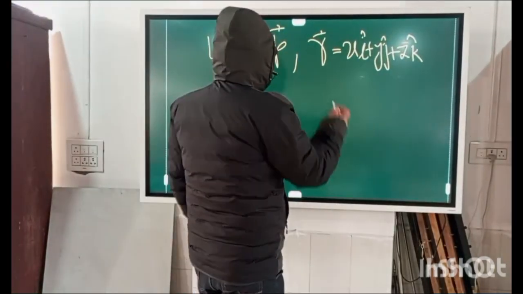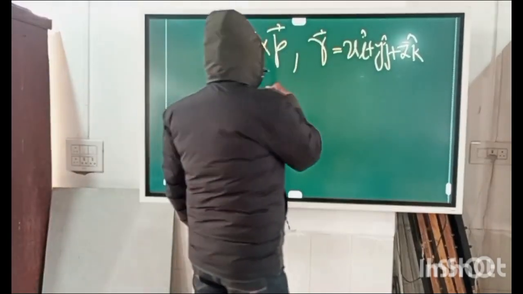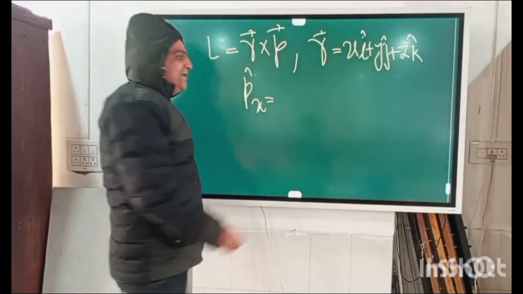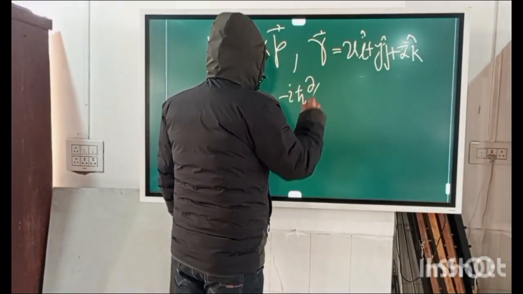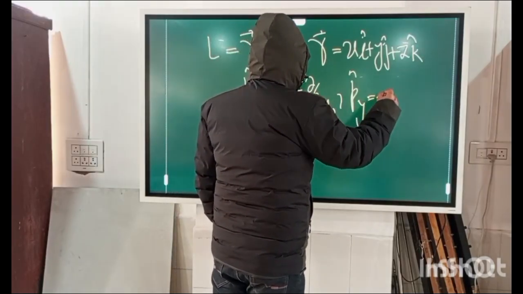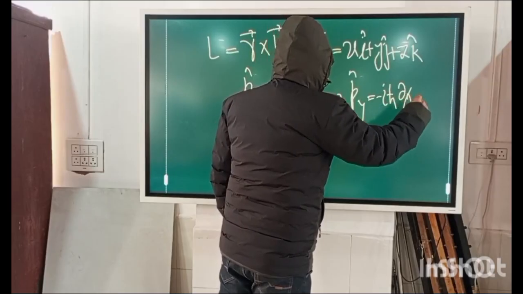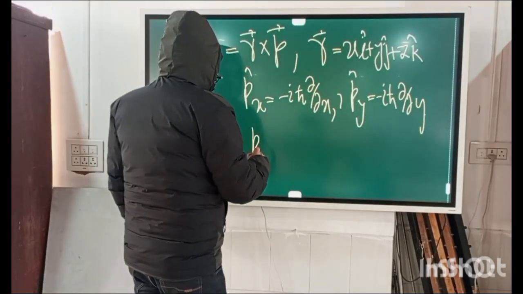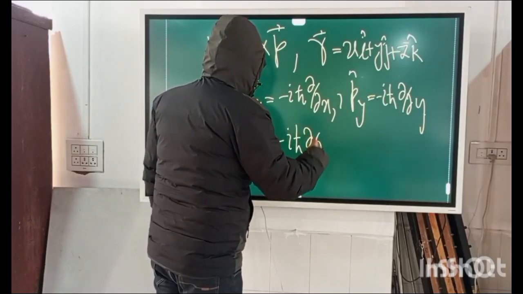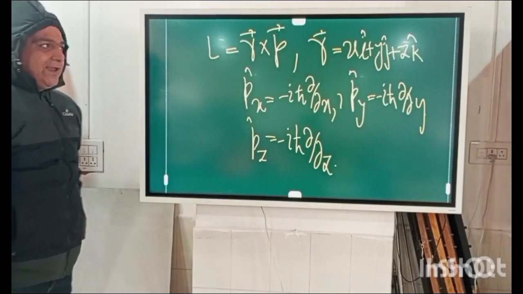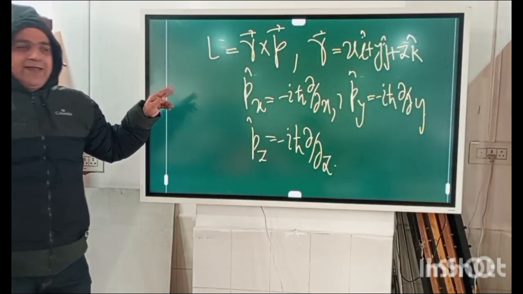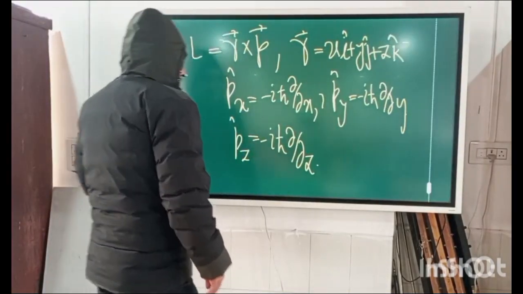And p you can write in terms of operators, and you know what Px is as an operator. It is minus i h bar dou by dou x, right? Similarly, Py cap is minus i h bar dou by dou y, and for Pz you have minus i h bar dou by dou z. So I want to calculate this angular momentum operator, and I will have to write down the determinant.